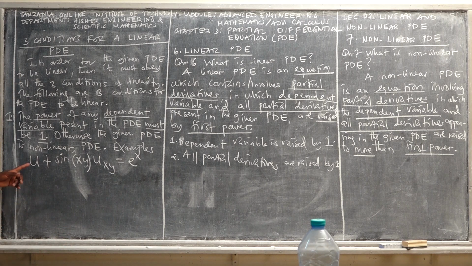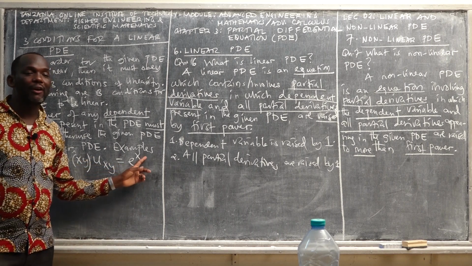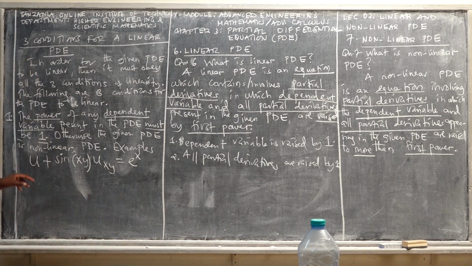Then, is this a dependent variable? Yes. What is this one? Sin xy. This is the coefficient. What is uxy? This is the second derivative of u with respect to x and with respect to y. And this is equal to e power x. So this is the function. So in this term and this term and this term, how many dependent variables do we have? Only one, which is u. What is the power of u? 1. So if the power of u is 1, according to this condition, then we say that the given partial differential equation is linear.